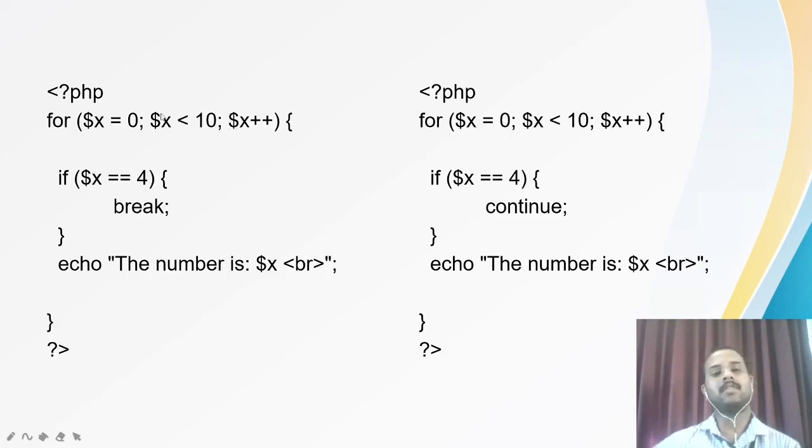So it will become 4. 4 is obviously lesser than 10, but is 4 equal to 4? Yes, 4 is equal to 4. So it will execute the break. When it executes break, it will come out of the for loop. So your control will be here.